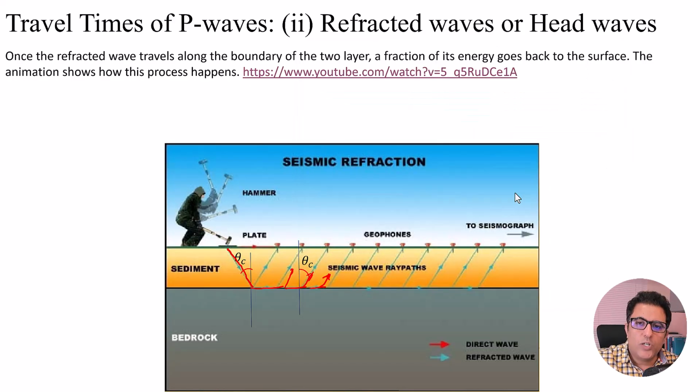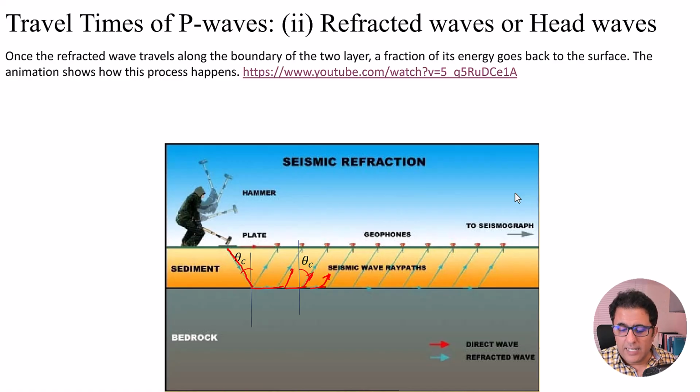The reason why at farther offsets refracted waves get to recording stations or geophones first is that they travel with the velocity of V2 along the boundary between two layers. As a result, they travel faster, but their travel route is longer.